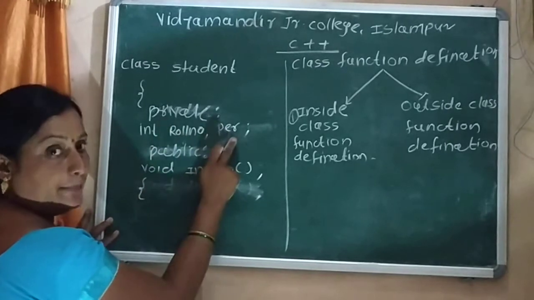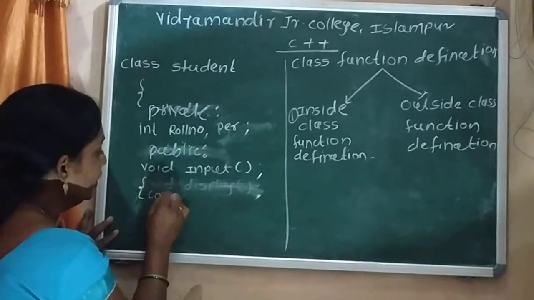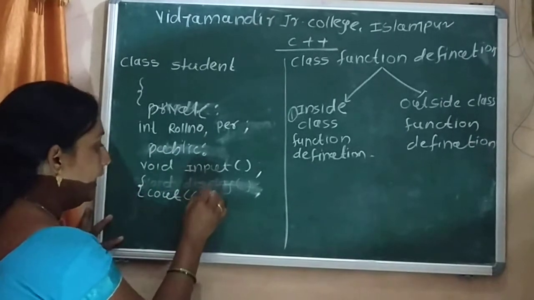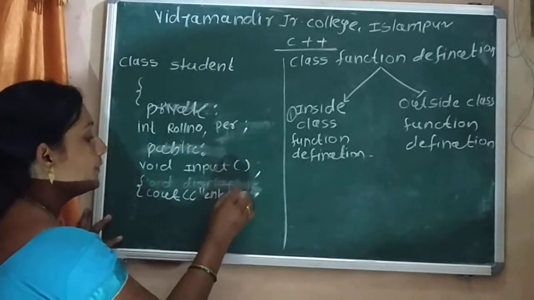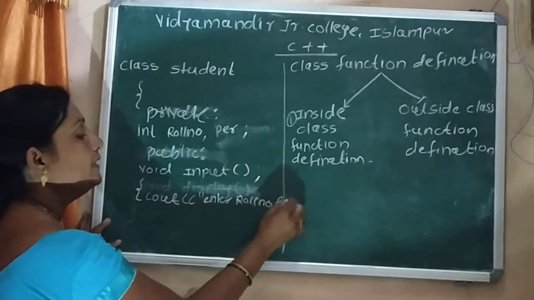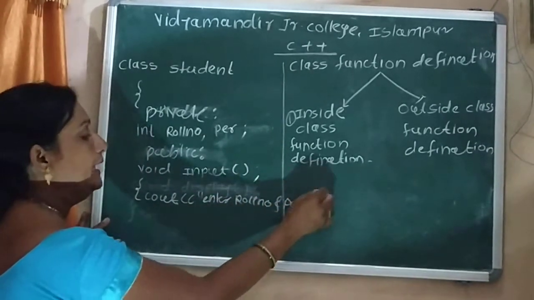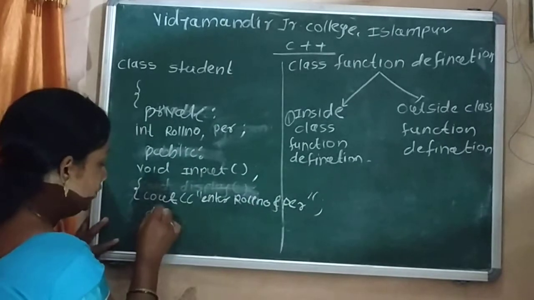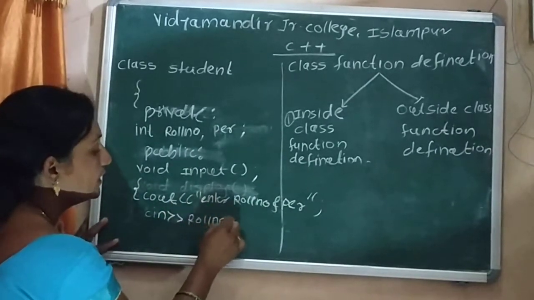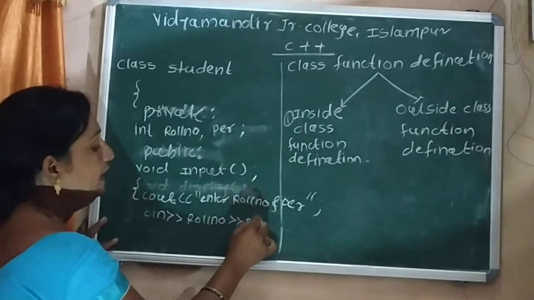We input roll number and percentage. So the content of that function is cout, enter roll number and percentage, PER.